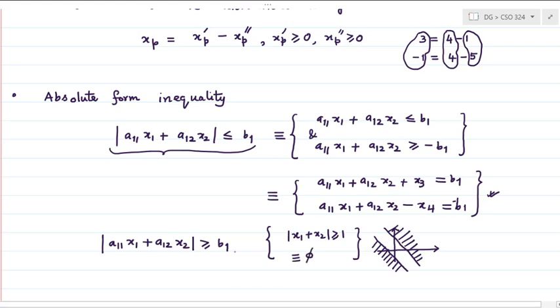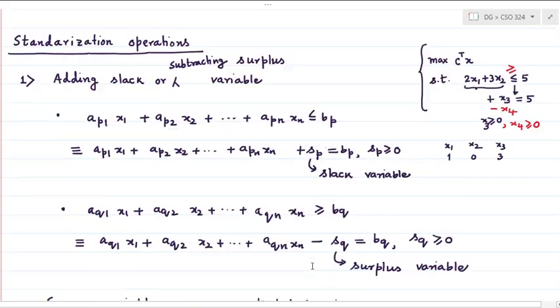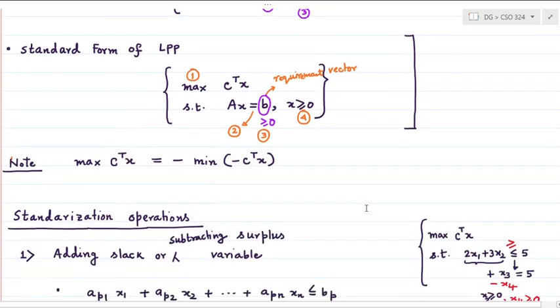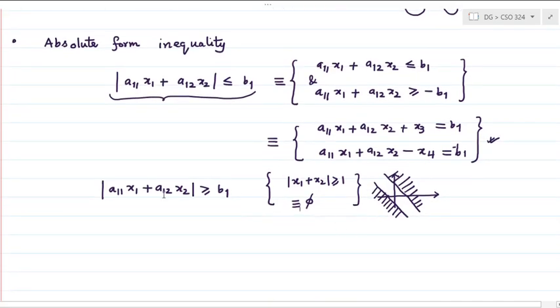And once this set is empty, your problem is not well defined: you want to maximize the objective function subject to an empty set. Therefore this problem is vacuous, and this restriction, greater than or equal to with the absolute form, will not be a possible inequality in a linear programming problem.